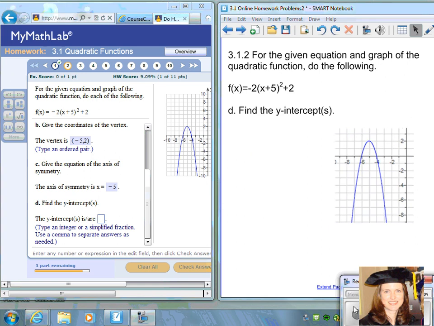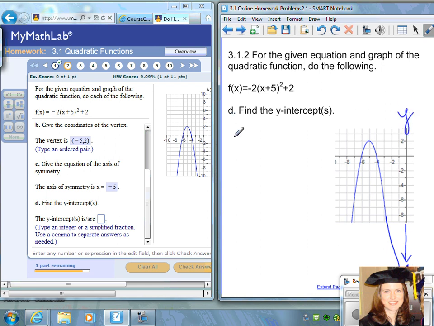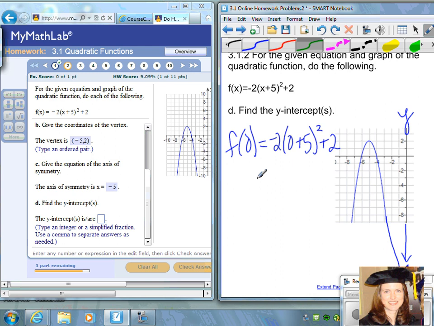To find the y-intercept for part D, we want to determine where this graph is going to eventually, way down here, cross through the y-axis. The best way to do that is to plug in 0 into the function for x and simplify the results. Okay, I do what's in the parentheses first. 0 plus 5, I get 5.